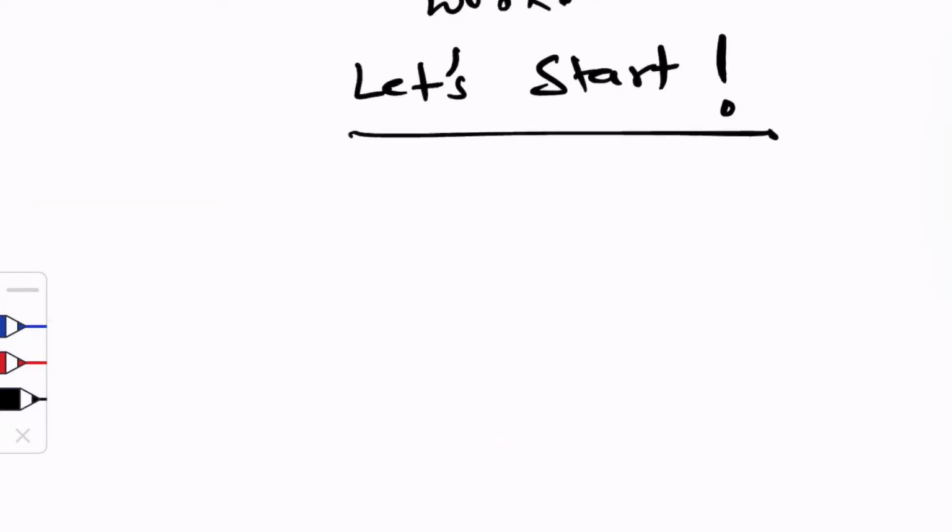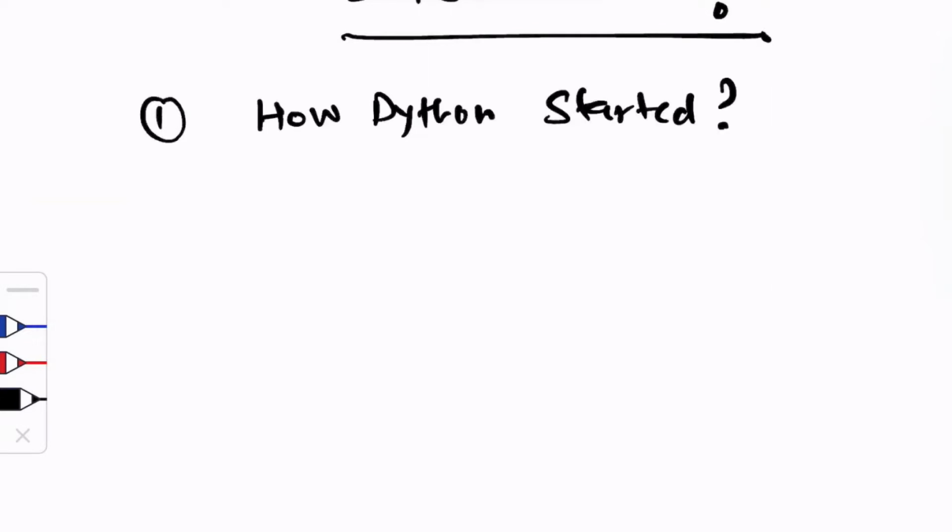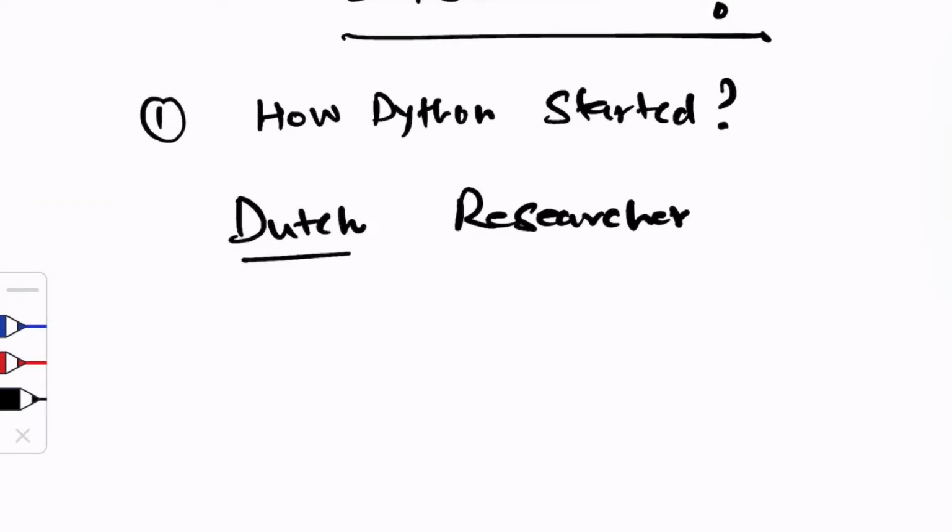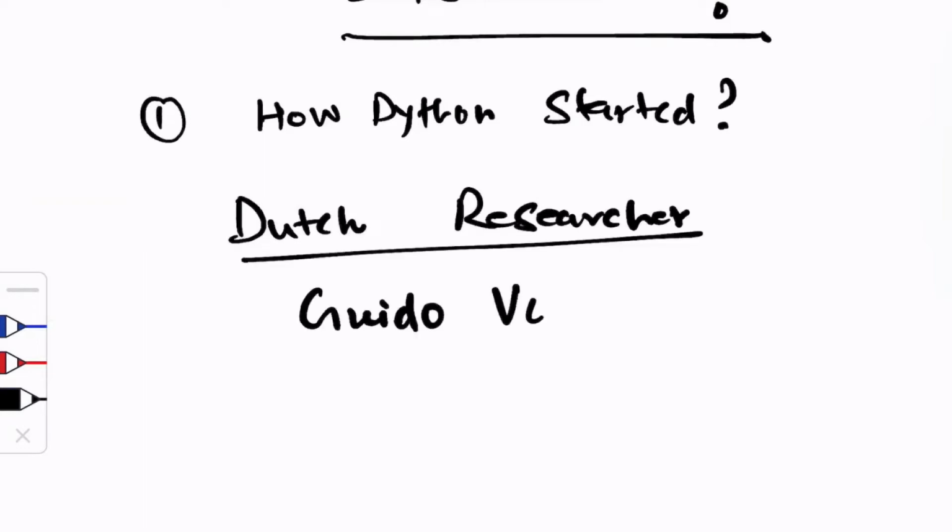Let's start. Okay, so the first question, how was Python started? So the brief history, there was a Dutch researcher by the name Guido van Rossum.